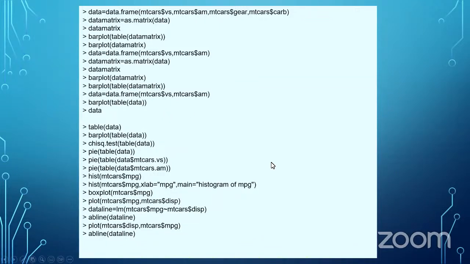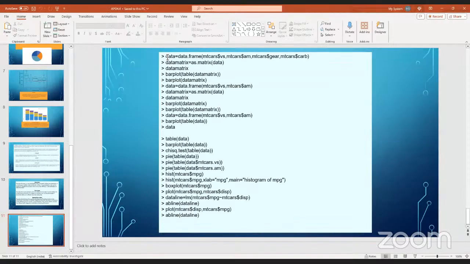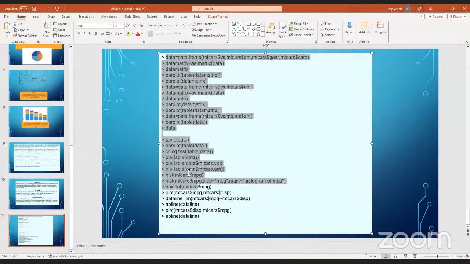Okay, you do one thing. You select the total data and put it in the R script.